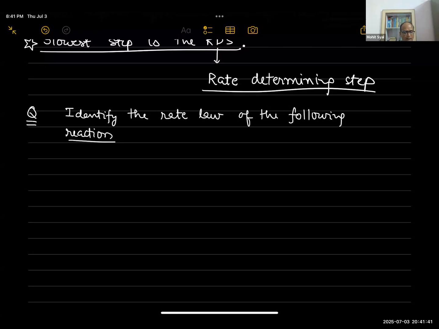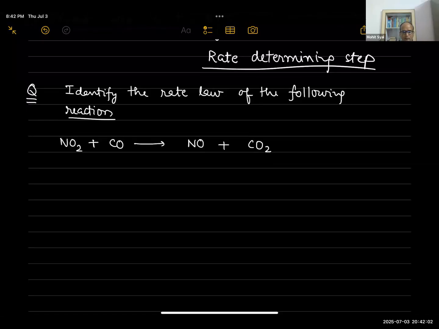I will write the reaction, overall reaction. And I will write the mechanism. This is given to you.